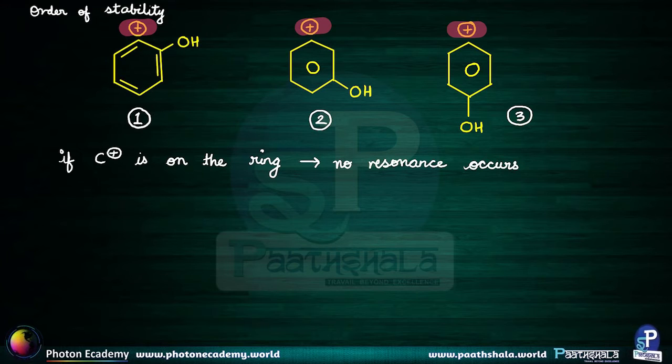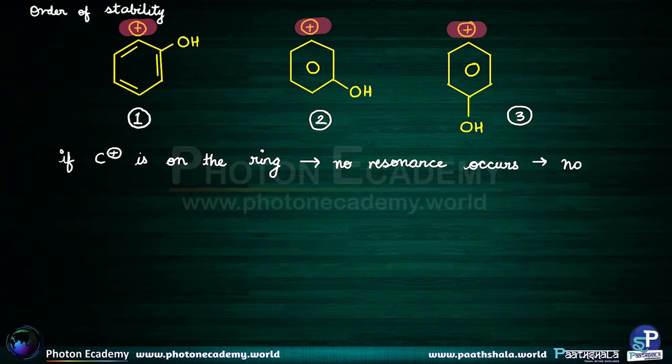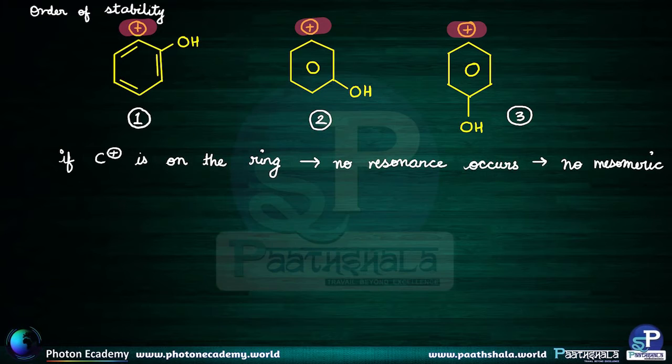No resonance means there will be no plus M or minus M effect, so no mesomeric effect also. Now we are left with only one effect which will be of value to us, and that is because of oxygen here. We have an OH group in all three places.